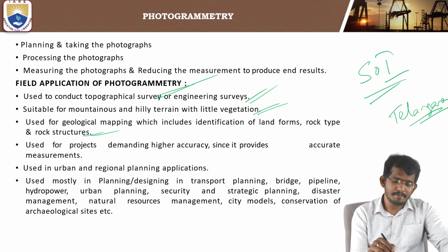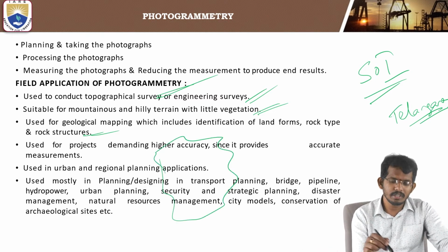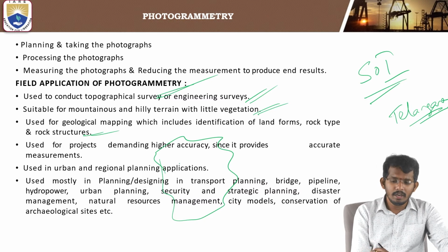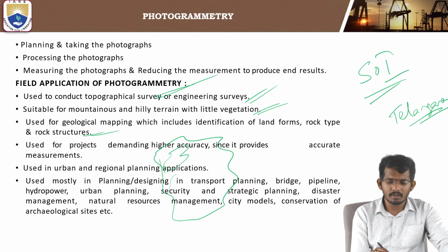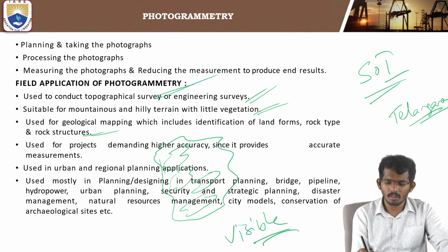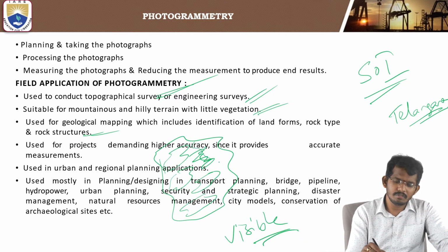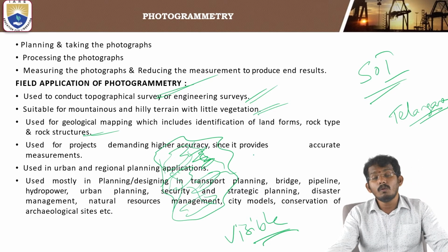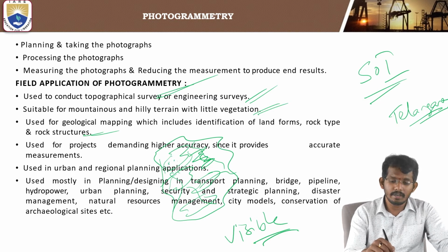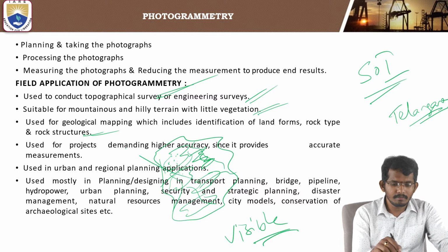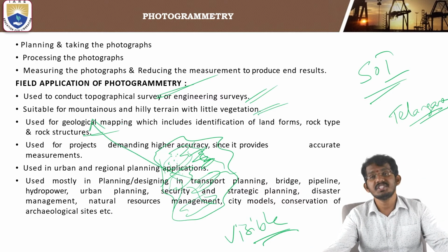So if you take a map of Telangana or India, whatever it is, and it indicates dark brown or light pink or grey or blue, these are lights in the visible spectrum. So it indicates some shaded colors like this, or we can see some borders like this, Adilabad, Nizamabad. Whatever the color, it indicates the soil type and will give you the geological mapping or geological features of a particular state.